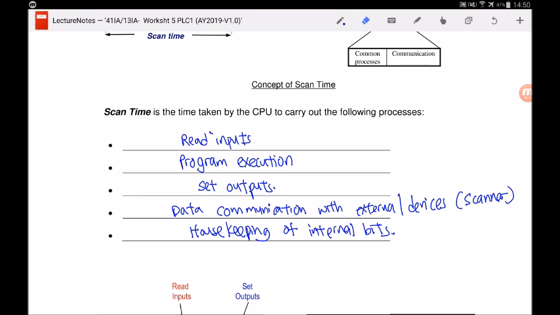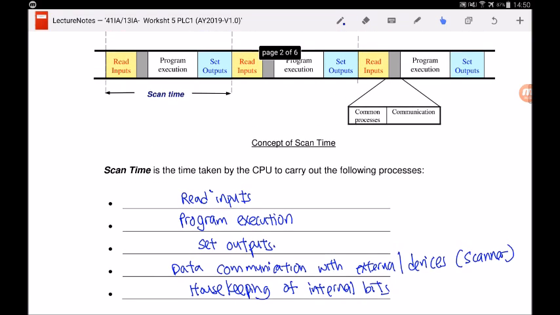Later on, when you are studying chapter 2 of the PLC, you will learn that PLCs actually have a thing called software relays. The thing that we are talking about is those software internal bits that will be used in the execution of the program. So the PLC will also do housekeeping of those internal bits.